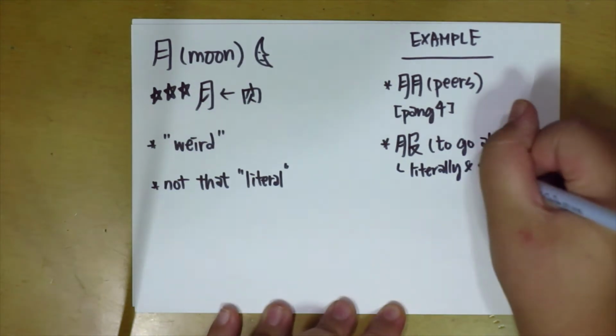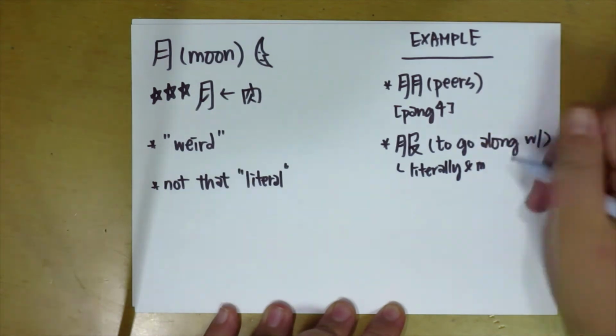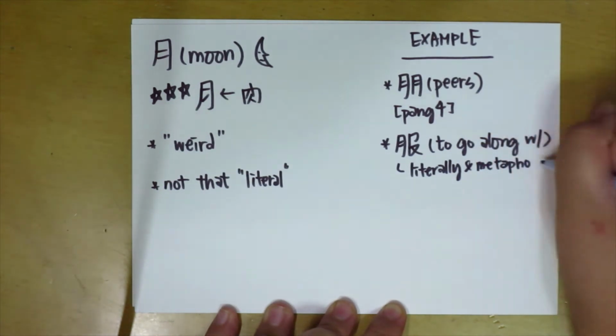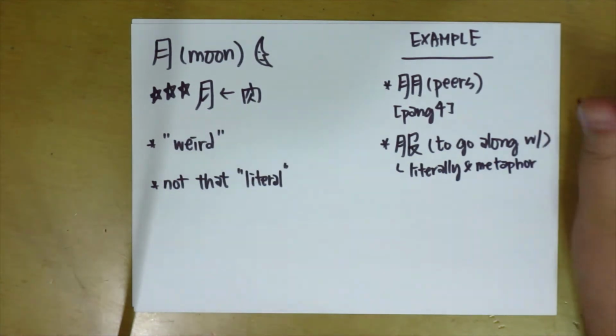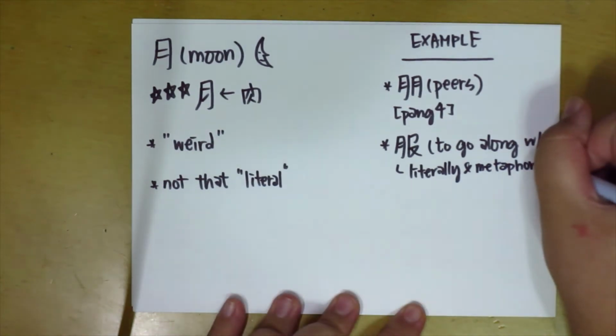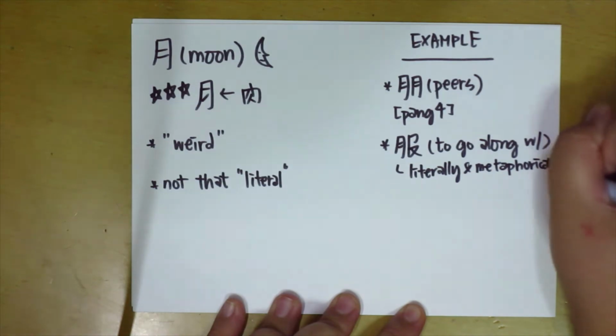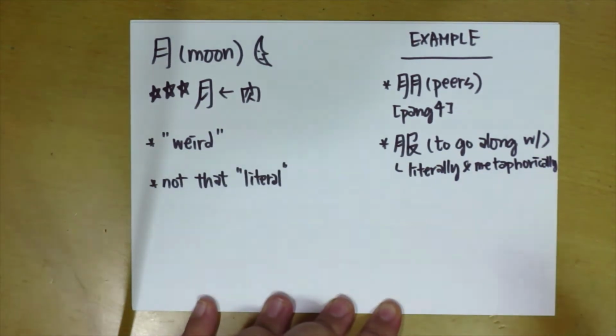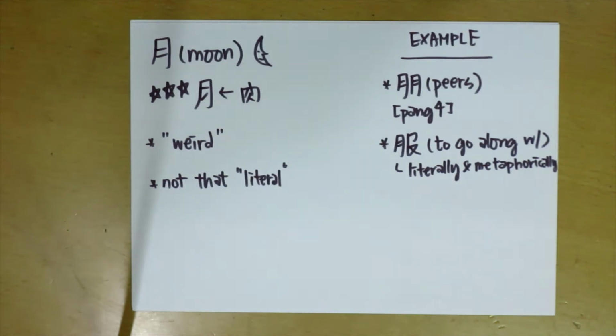But it also can be used to describe a metaphorical go-along kind of thing. Metaphorically, hope I'm spelling that correctly. Well, if you are curious, convinced is 說服, while obey is 服從. So yeah, there you have it.